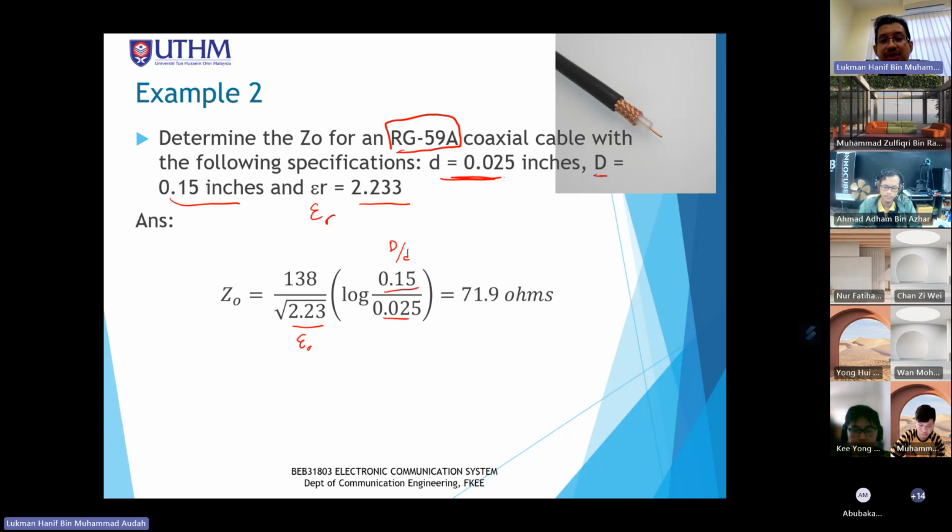If you use inches, make sure all are in inches. If you need to use meters, all parameters should be in meters, and we will get the same answer. So the value here is 71.9 ohms. If you calculate, the value is around 71.9 ohms.